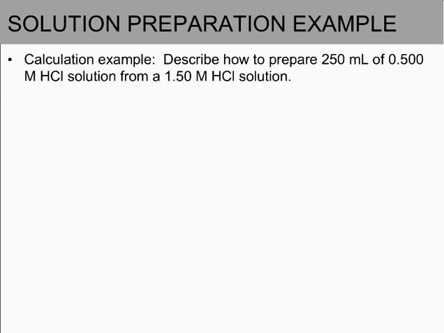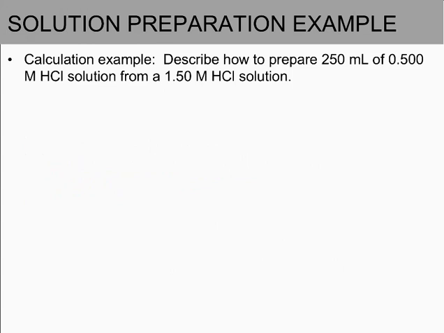Okay, so let's do a calculation and see how we would apply this in the lab. So let's say that we're trying to describe how to prepare 250 milliliters of 0.5 molar hydrochloric acid solution from a 1.5 molar hydrochloric acid solution.